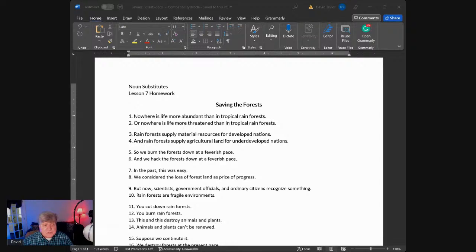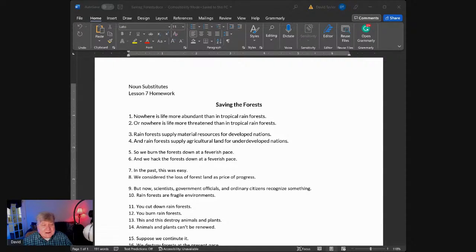For example, the first one is, nowhere is life more abundant than in tropical rainforests, or nowhere is life more threatened than in tropical rainforests. And so I'm suggesting that you combine those into, nowhere is life more abundant or more threatened than in tropical rainforests.